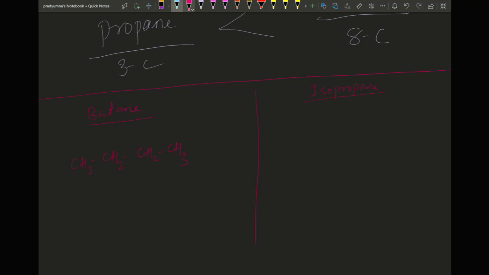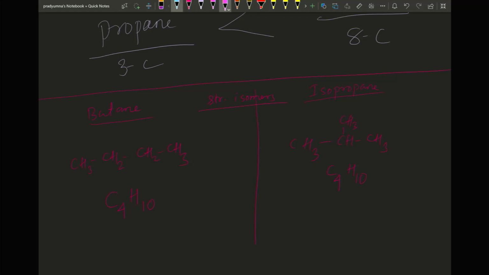Isobutane has the exact same formula, so these two are structural isomers: CH3, CH, CH3, CH3. If you look at the molecular formula, both of them are C4H10. They are structural isomers because they have the same formula but different structures.